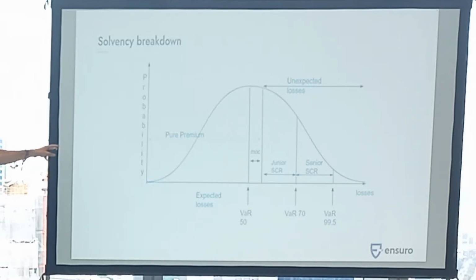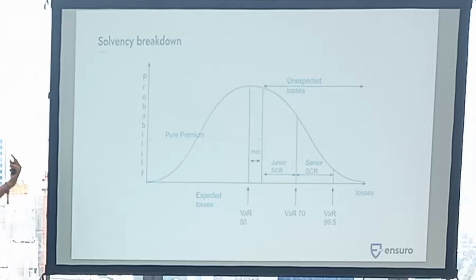That is what we call the pure premium. On top of that, in our protocol, we have a factor called the MOC, the margin of conservatism, which is a corrector of the pure premium calculation that increases it a bit more. But you can consider both part of the same thing.